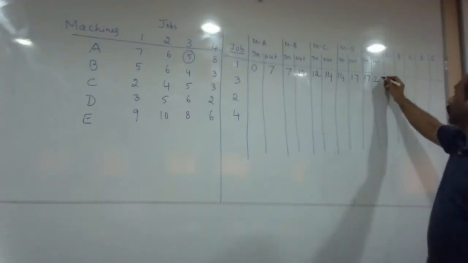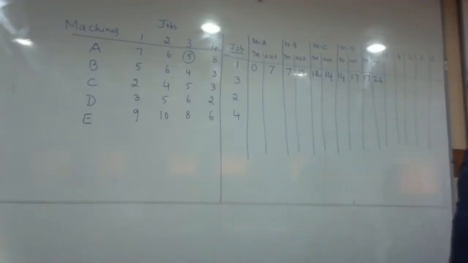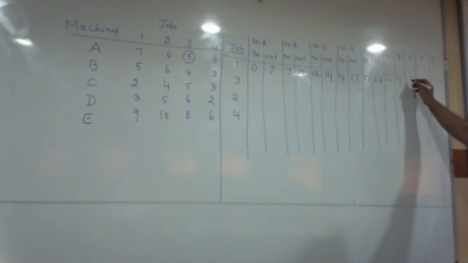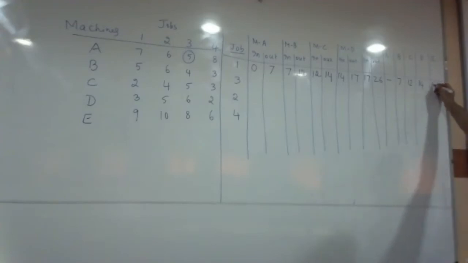Now, can you please tell me the idle times for all the 5 machines? The idle time for A is 0. For B, 7. C, 12. D, 14. And E, 17. Very good. So this completes the first value.